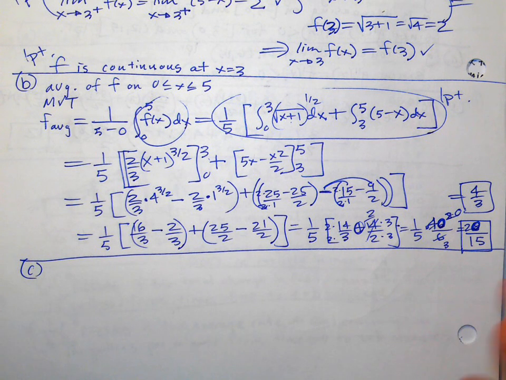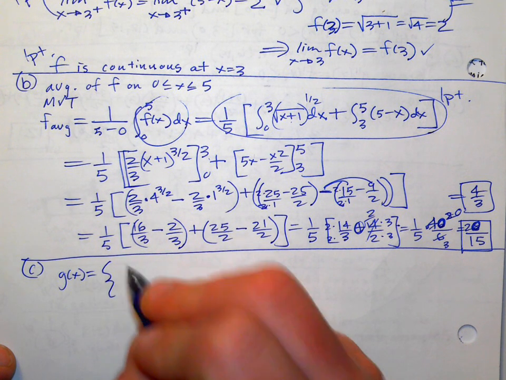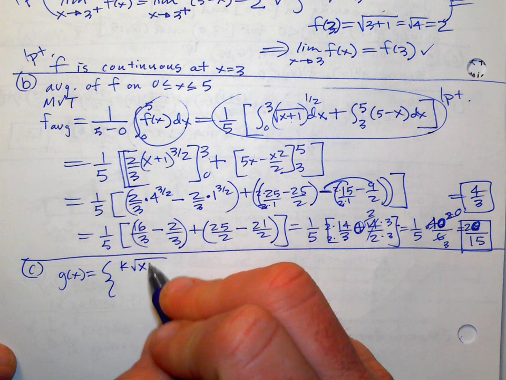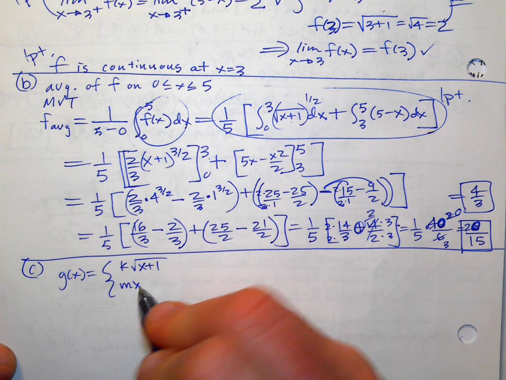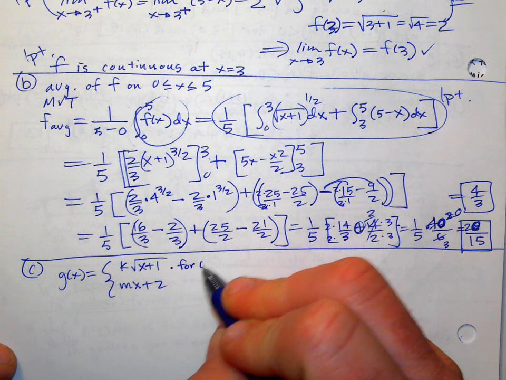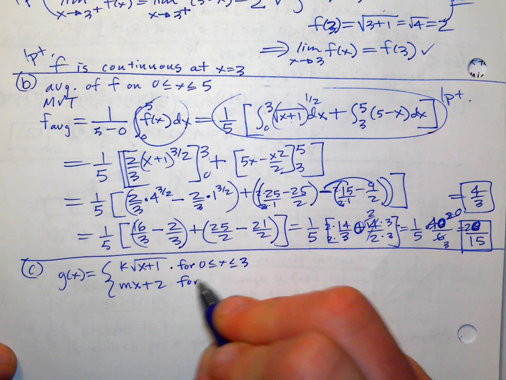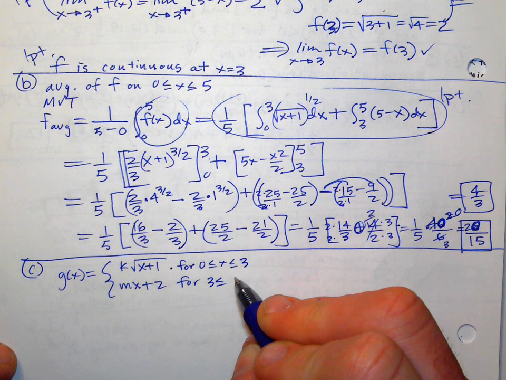Now the graph has to be continuous, first of all. So we have to first prove that it's continuous, because just because the slopes agree, if it's not continuous, it doesn't matter. So I'm just rewriting this right here next to my work.